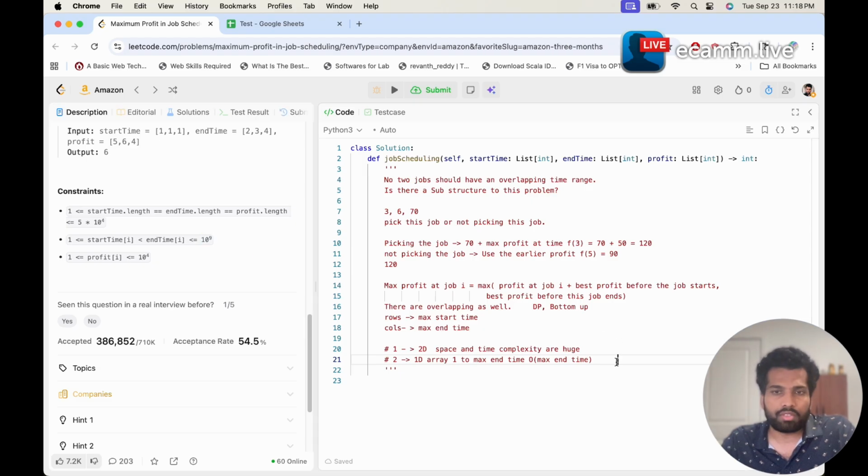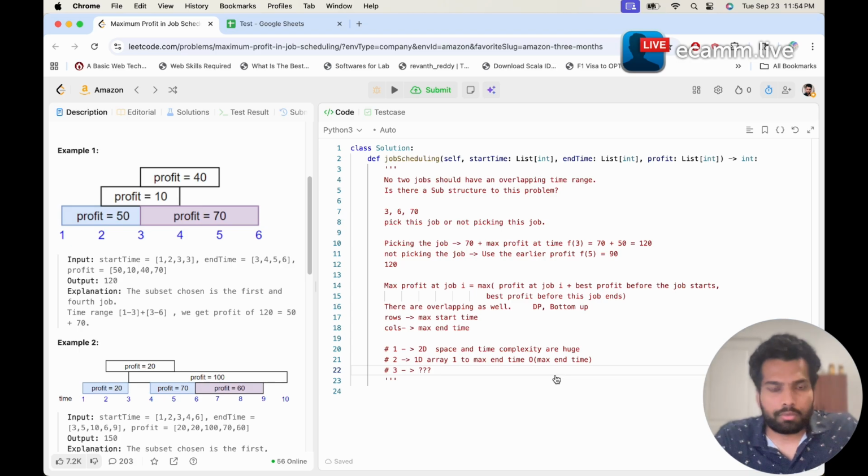We might still face memory issues if we use this solution. Now, is there a third approach? Let's think about the third approach.